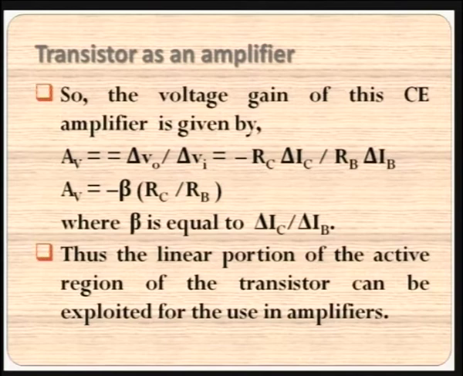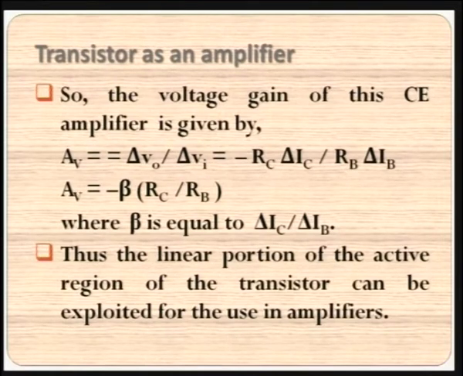Let us see what is the use of this amplifier and how it is to be kept in the active region. Thus, the linear portion of the active region of the transistor can be exploited for use in an amplifier.